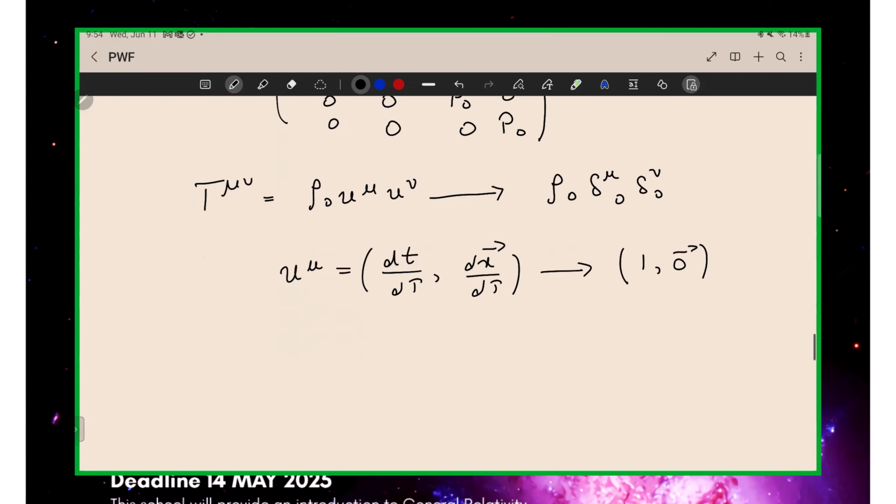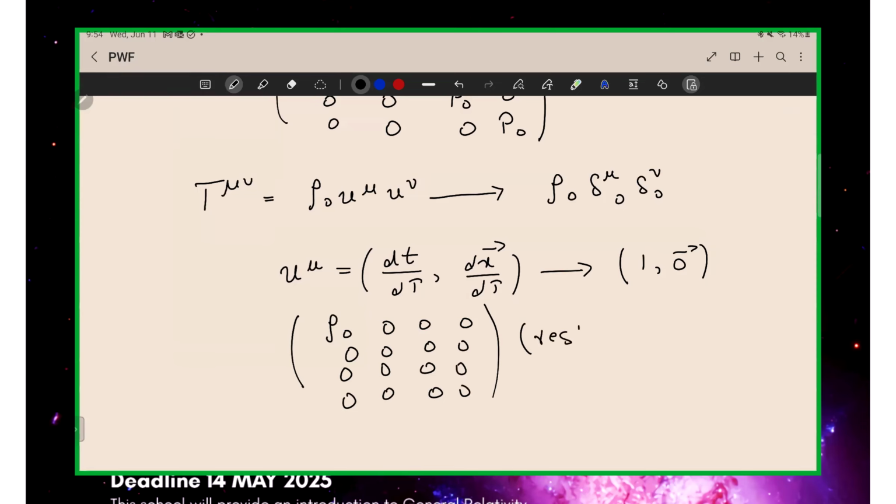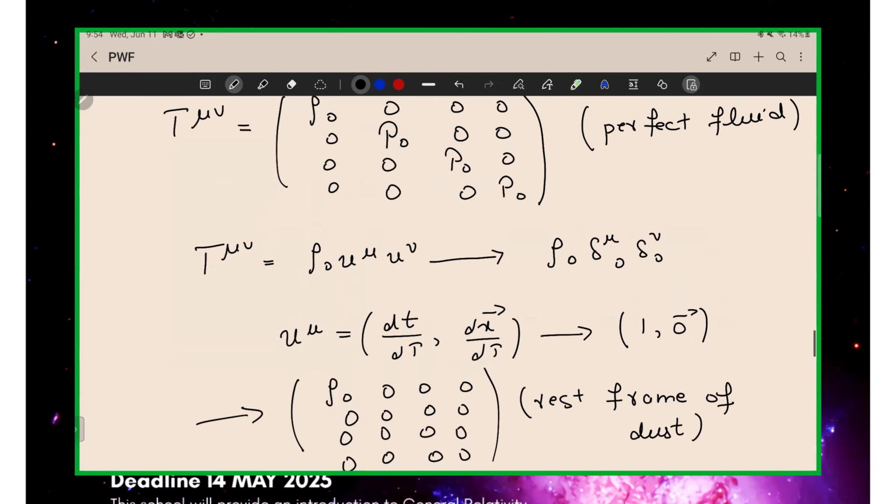So you can write down the stress tensor for dust in the rest frame as this. If you compare this stress tensor with this stress tensor, the only big difference is that you have pressure in the case of perfect fluid.